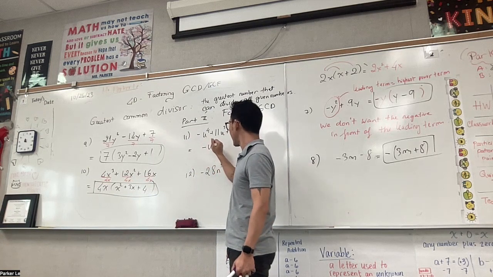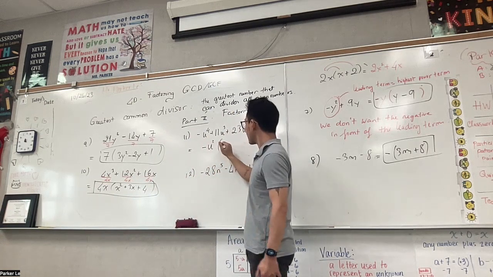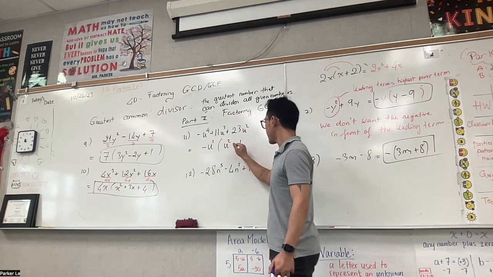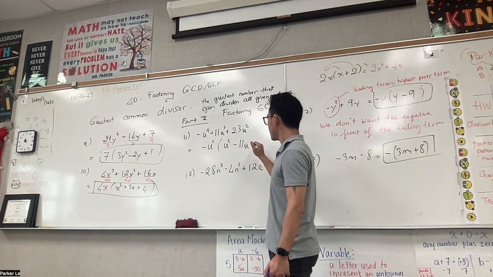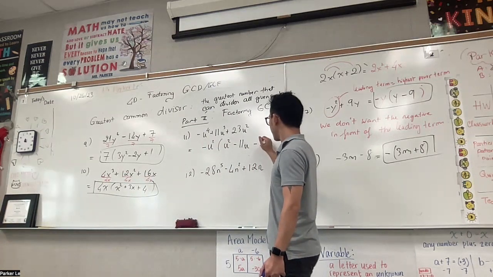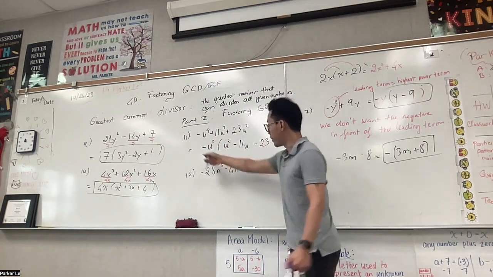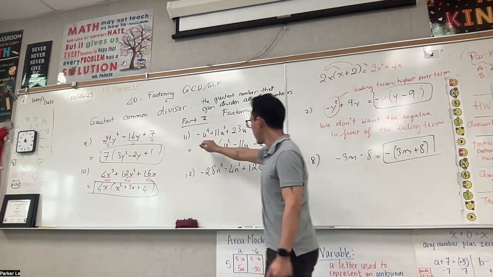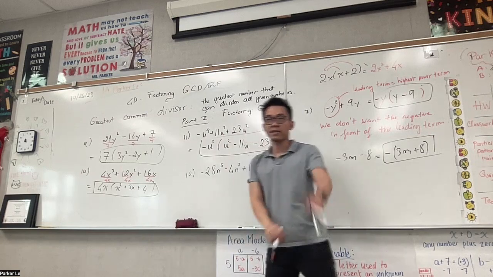Negative. Square. Okay. Minus. That's it. Yeah. Remember, it's a kind of negative. Yeah. Put a negative in the front. We don't want it. Okay. Very good. 1 point.